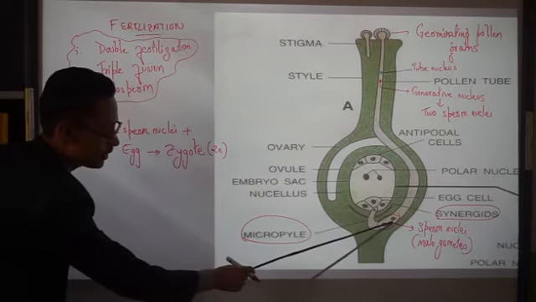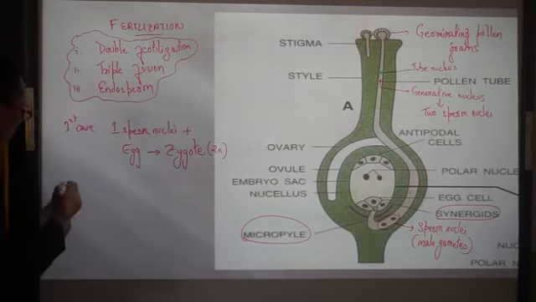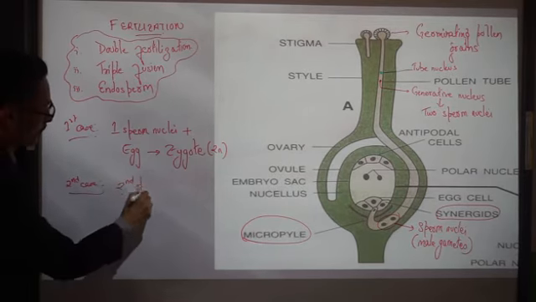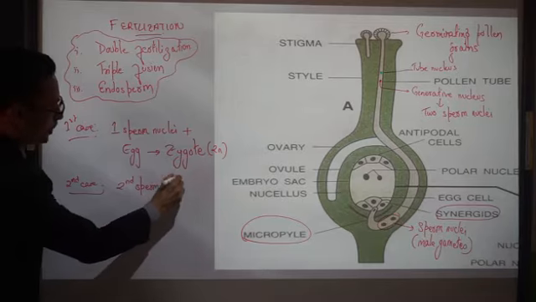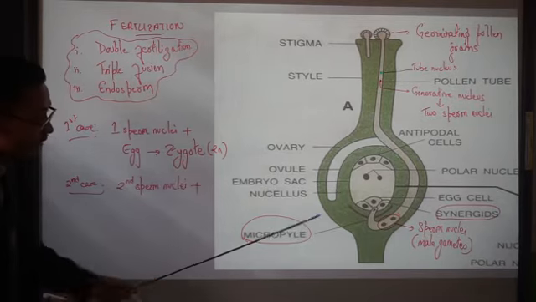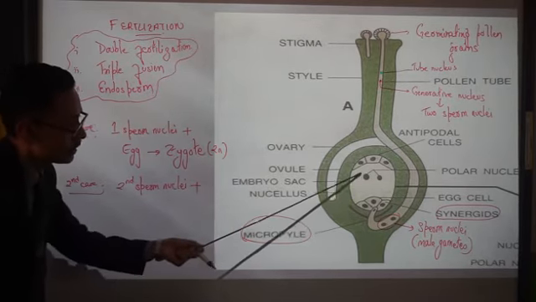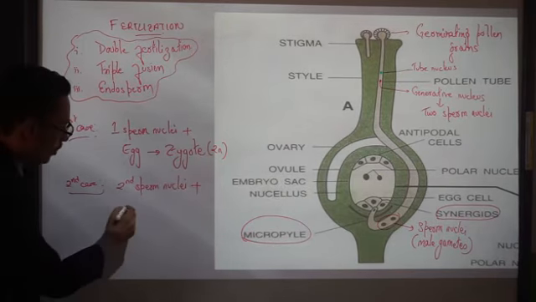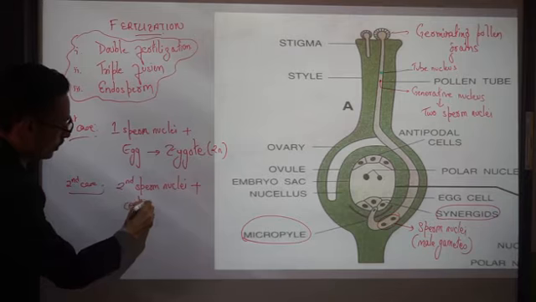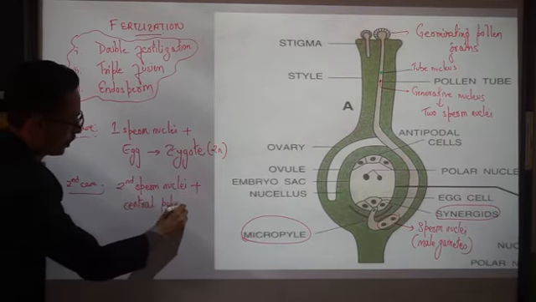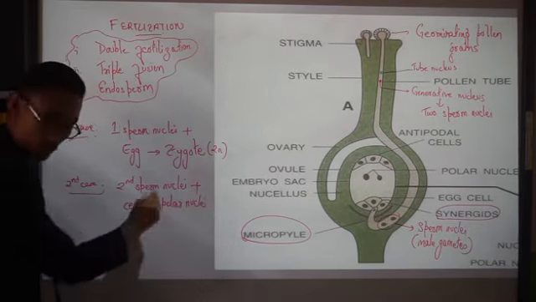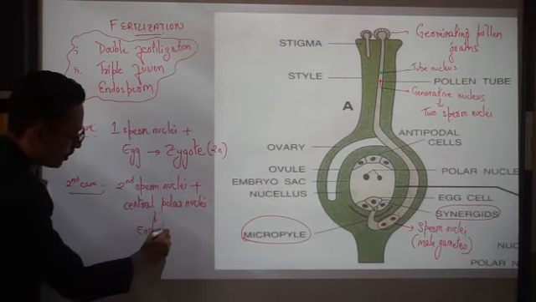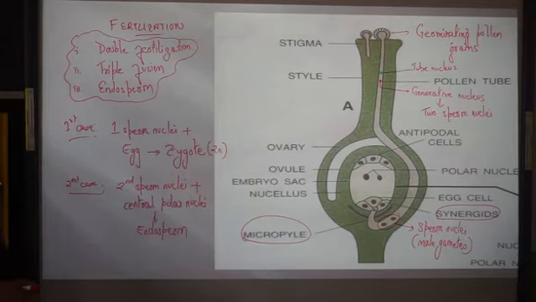Now, the second male gamete. In the second case, the second sperm nucleus will go and fuse with the central polar nuclei cell. Clear? So the second sperm nucleus will go and fuse with the central polar nuclei, and it will lead to the formation of endosperm. Clear?